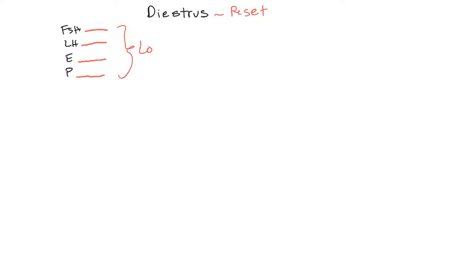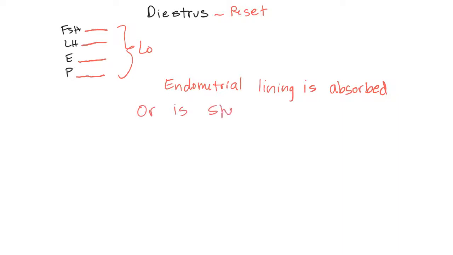And what happens then is the endometrial lining is absorbed. And the vasculature then reduces so that you don't have as much capillaries going into the endometrium. Or is shed, and this occurs in primates.